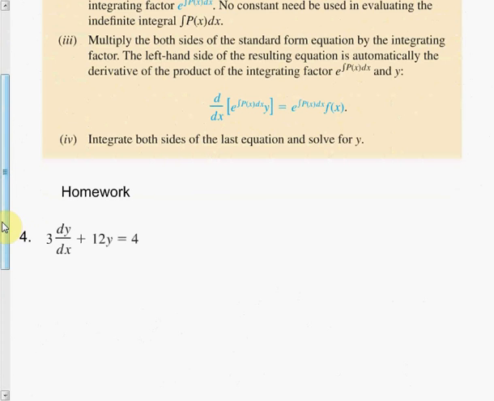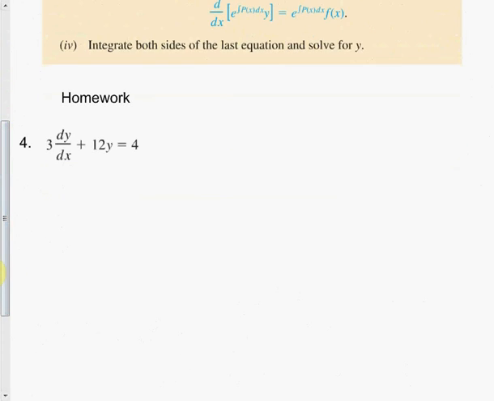But, oh, man. So I'm going to write this in the form, very simple problem, dy over dx plus p of x times y is equal to f of x. Now, how did we get p of x before? We just divided everything through by whatever was multiplied to that derivative. So divide everything through by the 3.